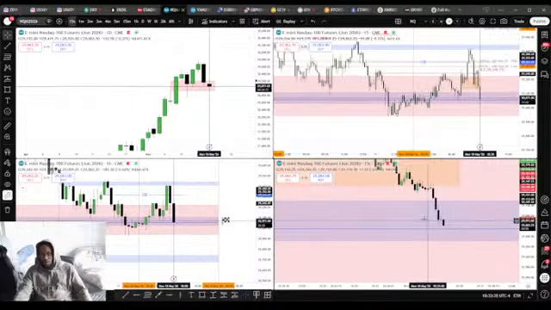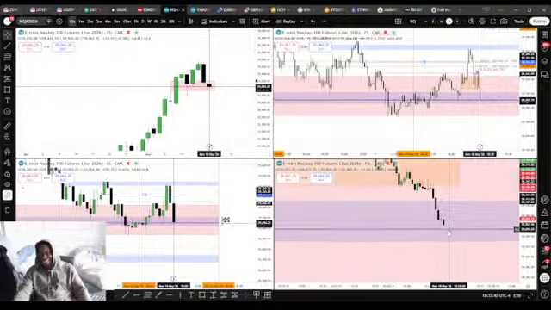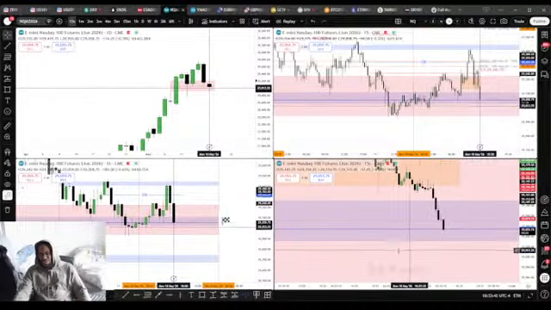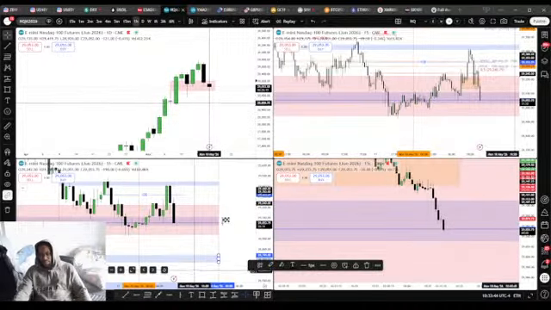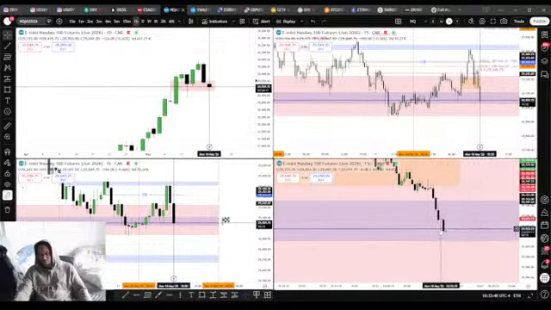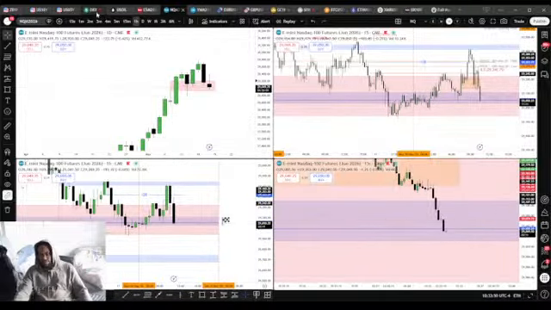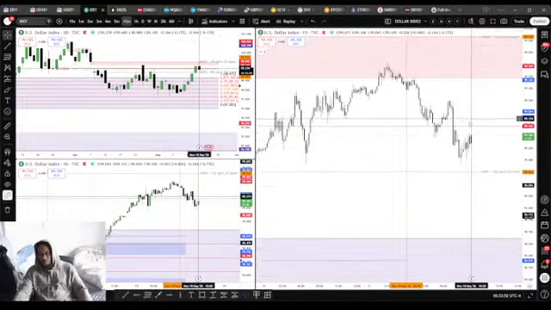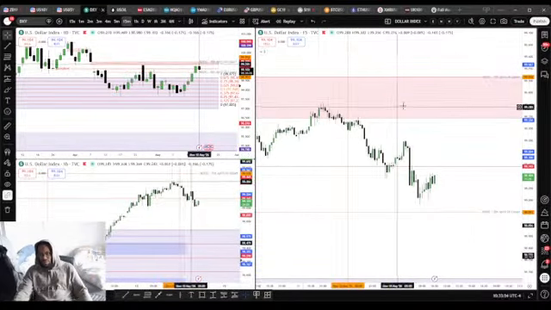I was just about to take a short down to this area. Short, and I'm looking for 28,745. Deep retracement with that dollar to rally up into this area.